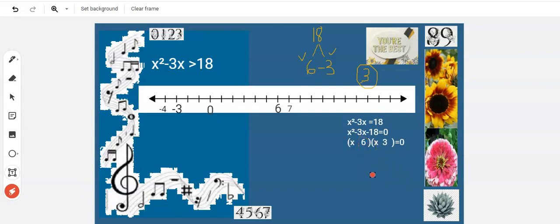And then, unsa man ang sign sa linear term? Yes, ang sign sa linear term is negative. Okay, so again, ang sign sa dako nga factor, muuyon sa sign sa linear term. So, since ang sign sa linear term negative, ang dako nga factor nga 6, negative ang sign. So, 6 is negative, and then 3 is positive.